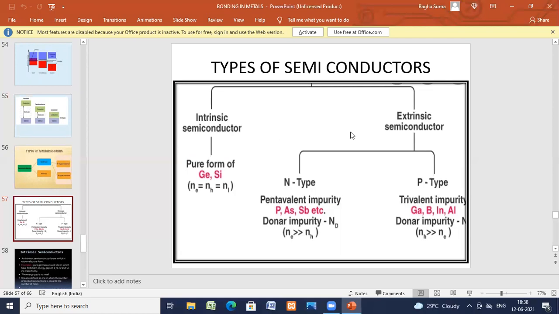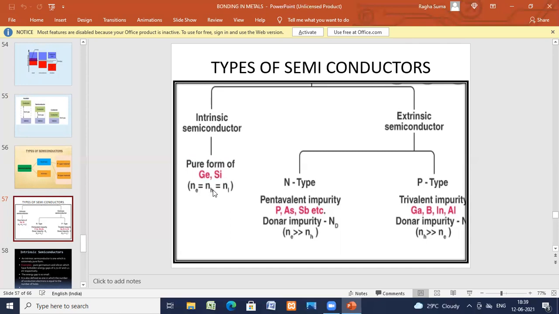The pure form of semiconductor is an intrinsic semiconductor. Germanium and silicon are examples. Here, the number of electrons is equal to the number of holes.